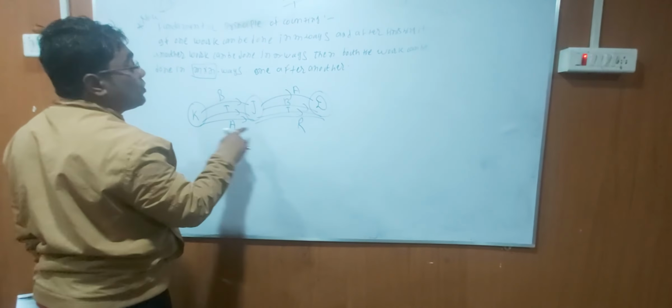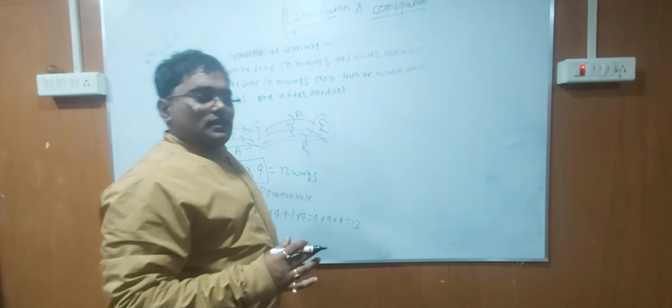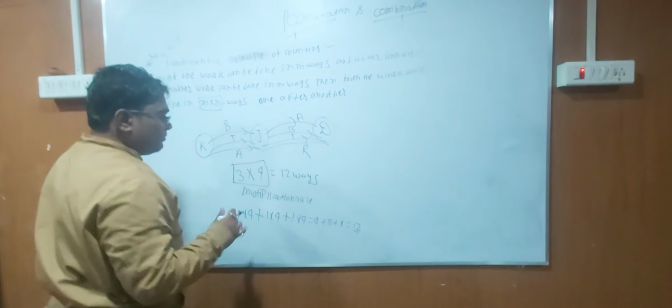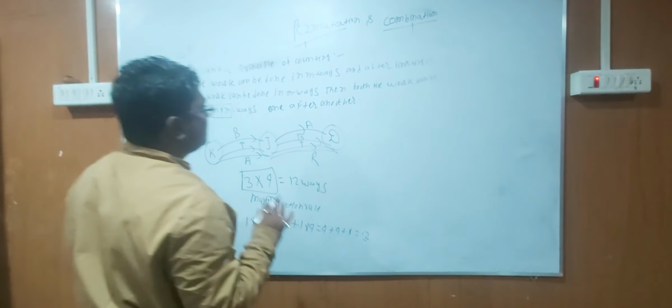Plus we go by air, then also 1 into 4. Then 4 plus 4 plus 4 is 12. Means multiplication and summation are the same things. Okay, this is the fundamental principle of counting. Only two things, multiplication and addition, both are the same.